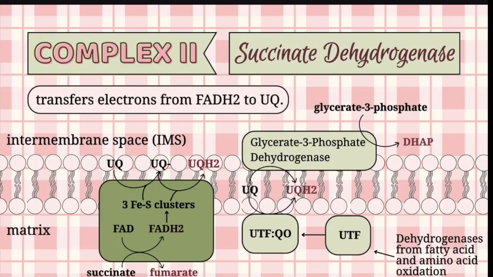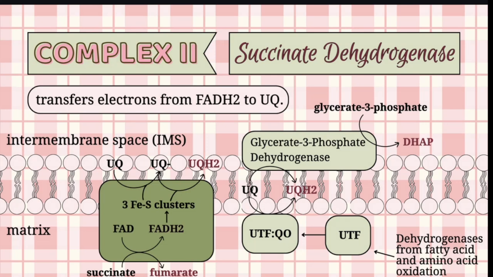So back to what I was saying, SDHC and SDHD anchor the complex into the IMM. So they are basically supporting structures, and between them there was a heme group, right? But this heme group is not involved in electron transfer.